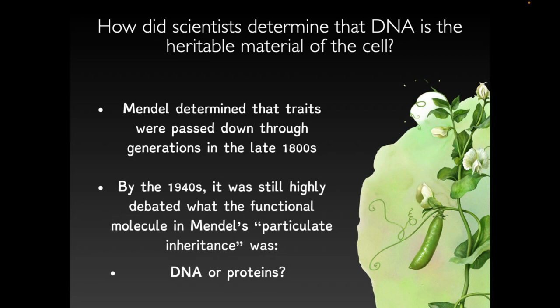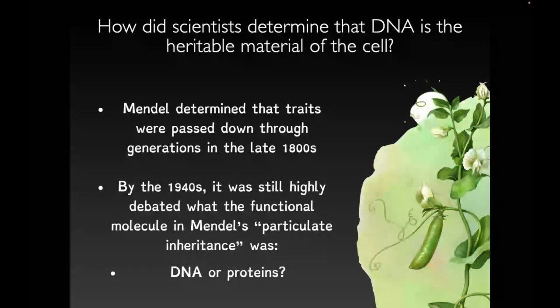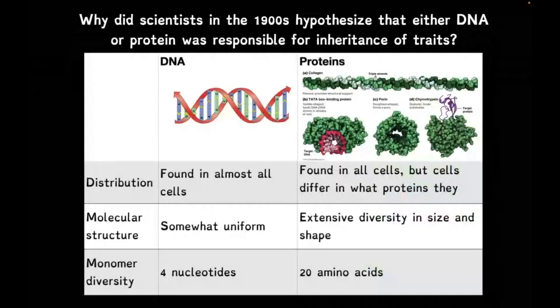So even in the 1940s, it was still being debated as to what the heritable molecule was. And there were many scientists who still believed that the heritable molecule was made up of proteins, because there are many, many different types of proteins in the cell, whereas DNA seems to be pretty consistent.